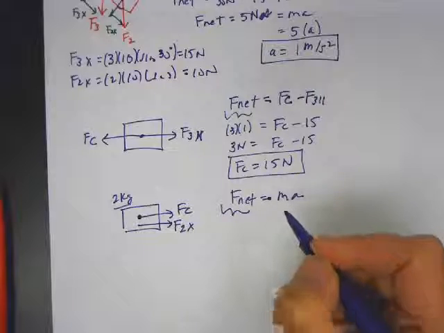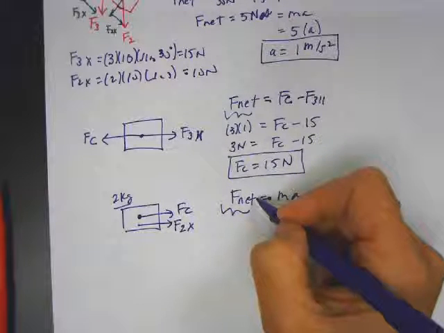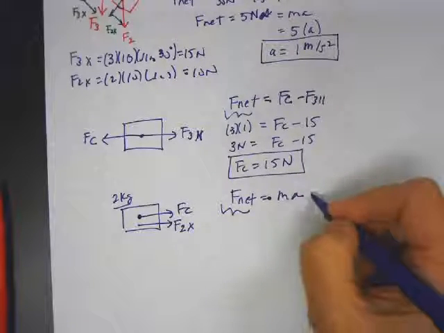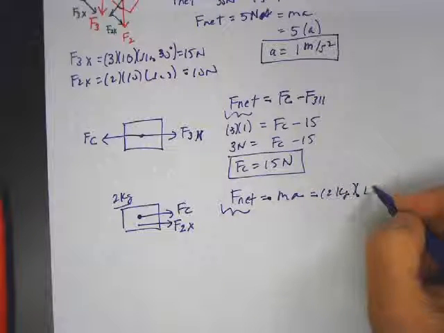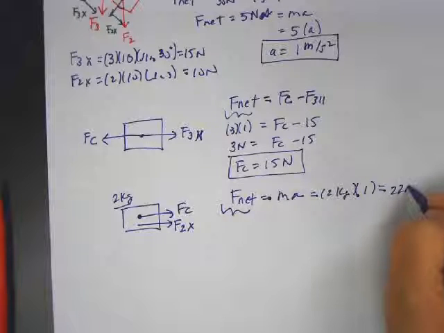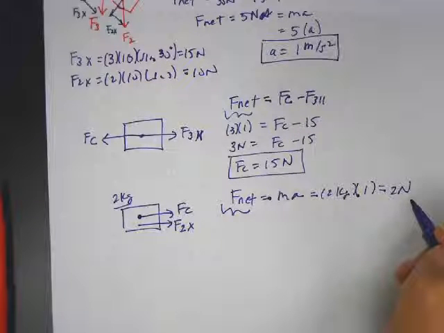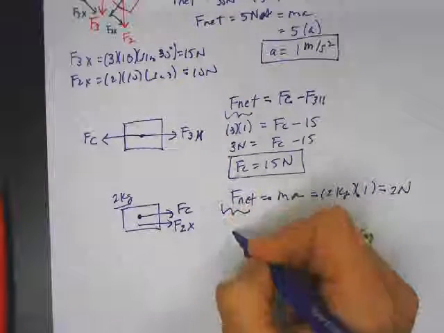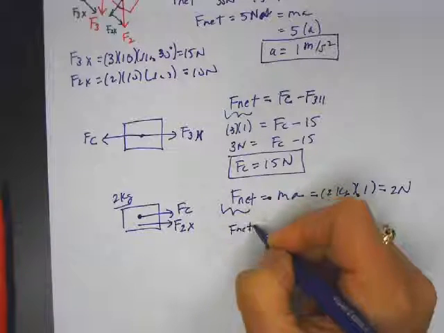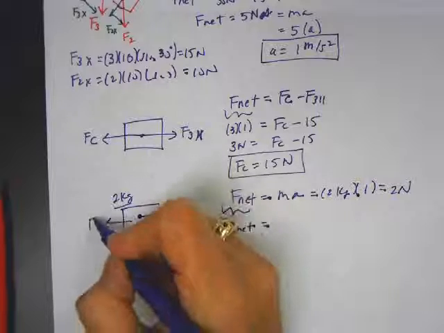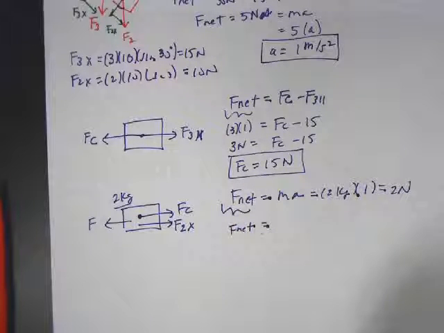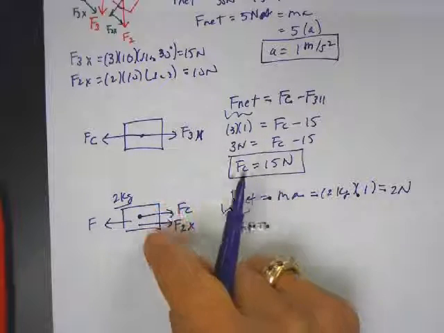So in the 2 kilogram block, F net is going to be MA, which is 2 kilograms times 1, which ends up being 2 newtons. And then I forgot my applied force here. Where did I do my applied force in the other picture? Oh, it's not on there because it's on this block.